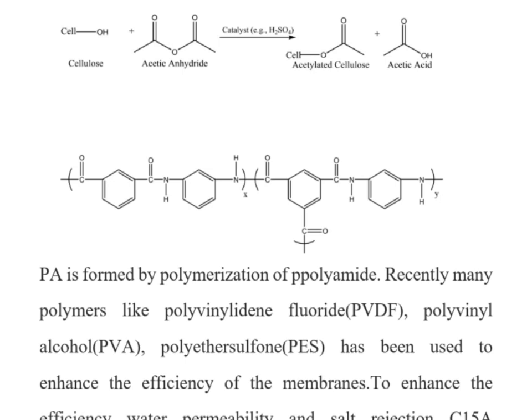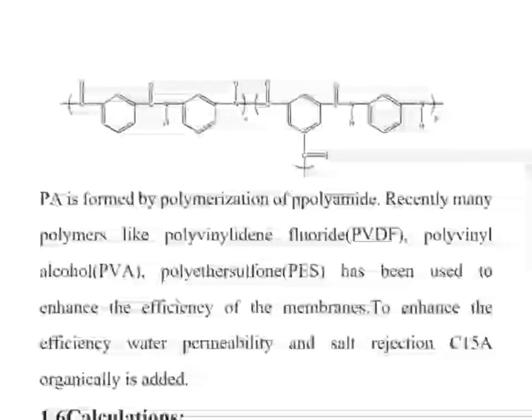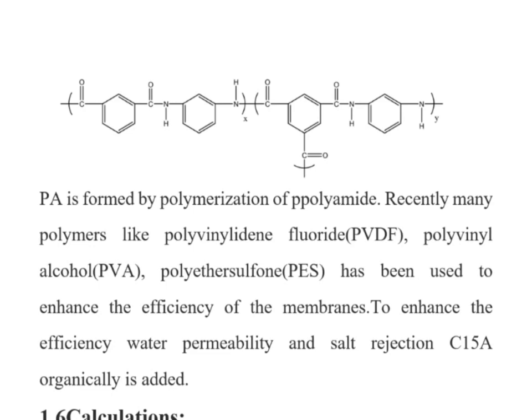The OH group of cellulose is replaced by an acetyl group, and in this way they further attach polymers to form long chains. While polyamide membranes are formed by the polymerization of the amide group, and the reaction is as follows.